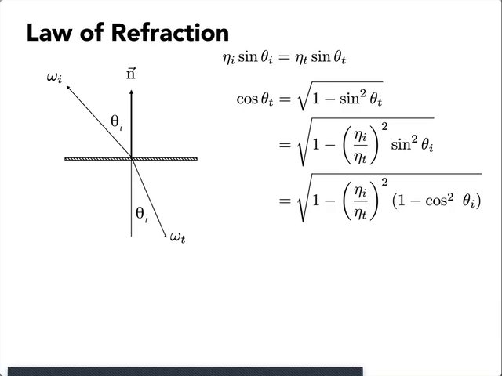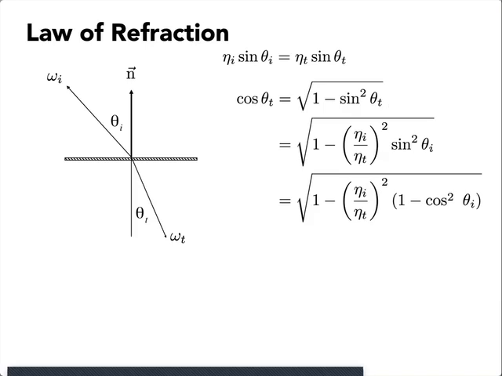Okay, so this again is the diagram. In order to calculate this theta t outgoing here, you can follow it from Snell's law. But it's useful to do cosines. We like cosines because they have to do with dot products in the scene, right? So cosine theta I is going to be omega I dot n. So we can get to the cosine of the transmitted angle theta t is equal to the square root of 1 minus sine squared of theta t.